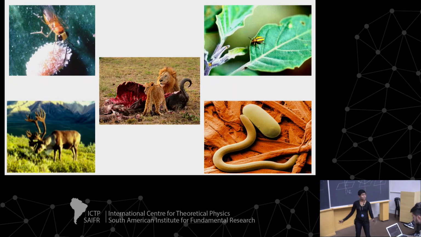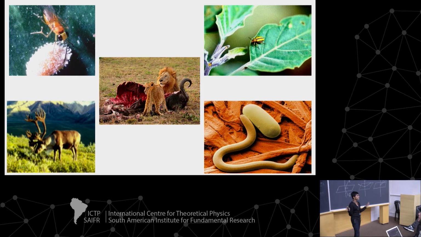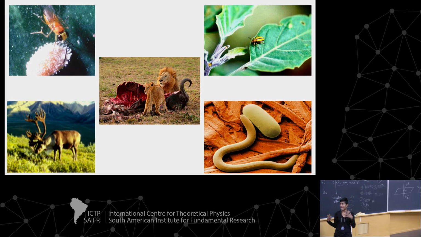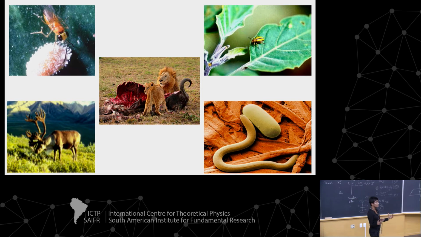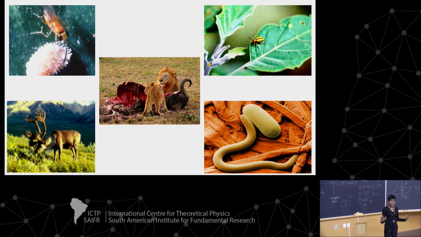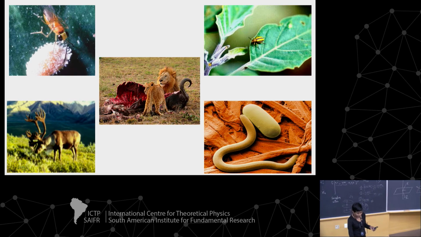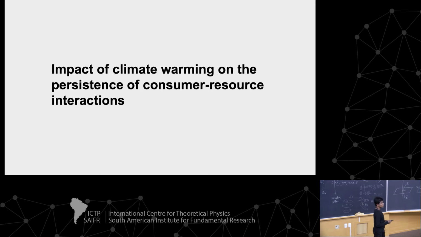Consumer resource interactions come in all shapes and forms. They constitute the building blocks of all communities, be they natural or agricultural. So it's very important for us to understand how they can persist in the face of different kinds of environmental perturbations. We are going to focus on climate warming.